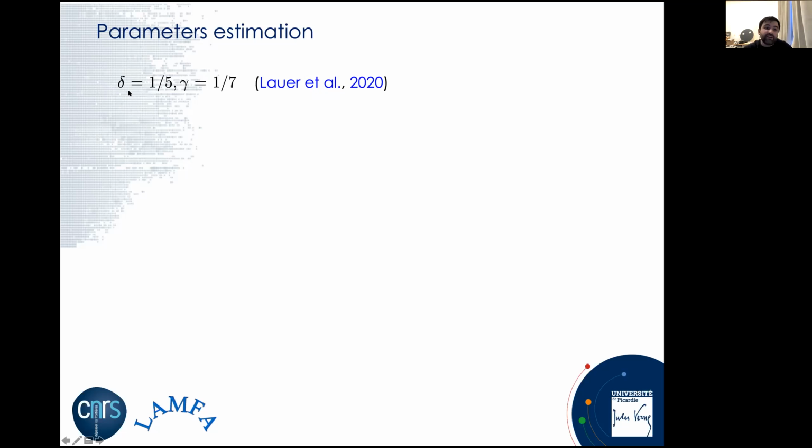So you have 5 days to come from the latency to infected and 7 days in the infection period. In the very first paper we also estimated these parameters. Finally, I chose the ones from this paper in medicine.